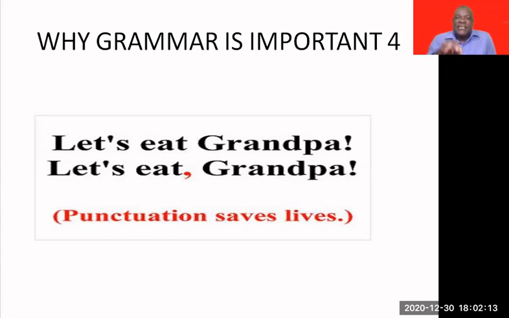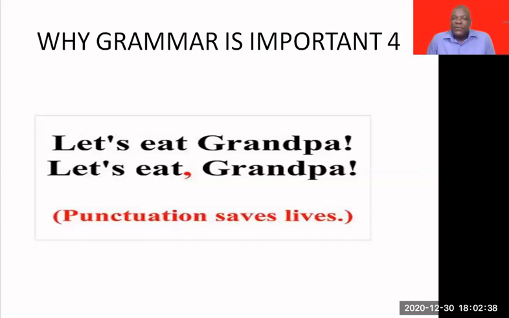Instead of saying, let's eat grandpa, you are saying, let's eat, grandpa. In the second sentence, you are addressing grandpa and asking him to eat with you, that both of you should eat, not that you are going to eat grandpa.